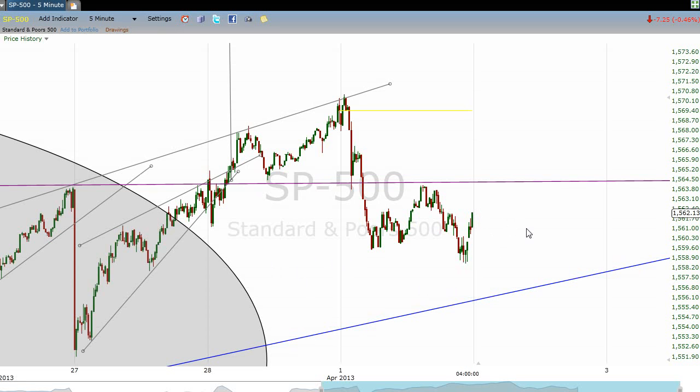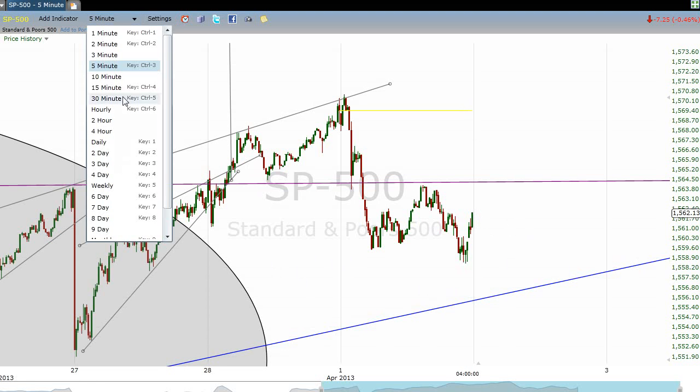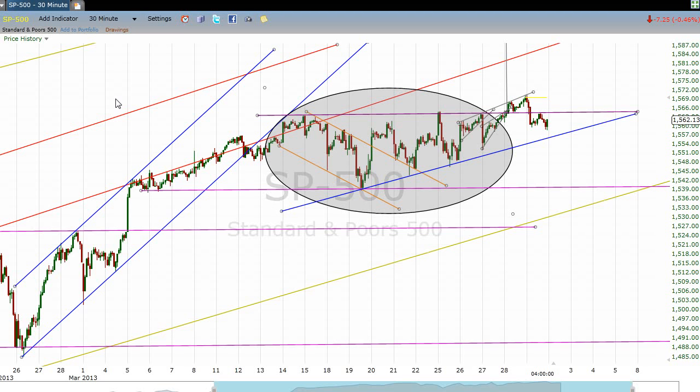All I can say is since we're back below this line, it is once again resistance, and this line should be support. Keeping in mind, here we have for the past 12 trading days, the market has gone sideways.